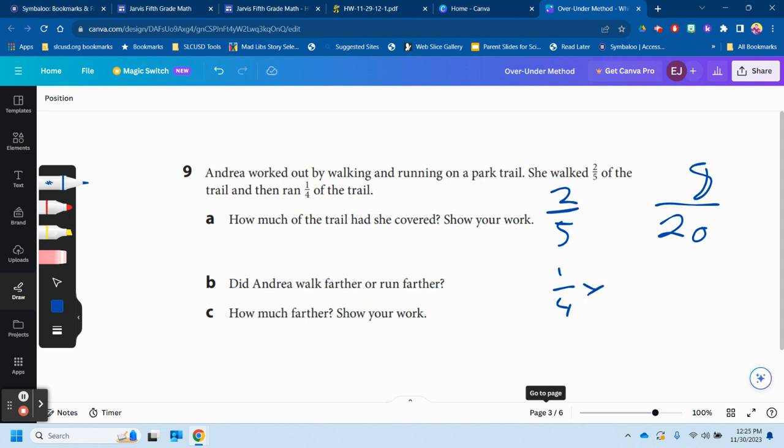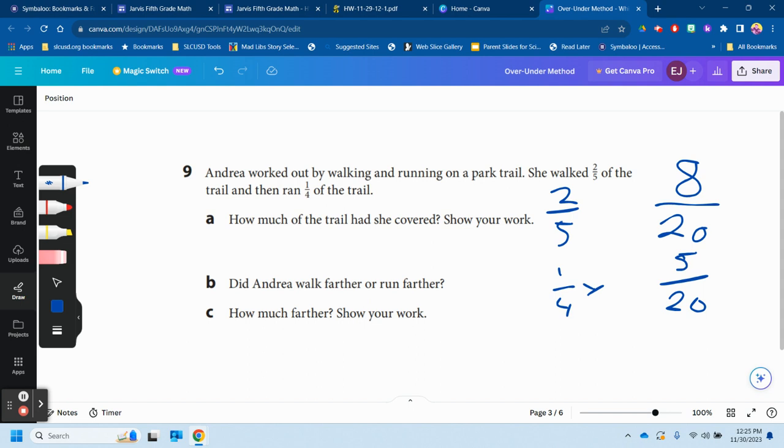I multiplied this by 5 to get 20, so this is 5/20ths. I learned the hard way that you've got to write it neatly. So 2/5 of the trail is 8/20ths, and 1/4 of the trail is 5/20ths.